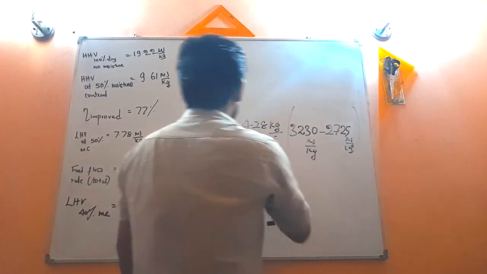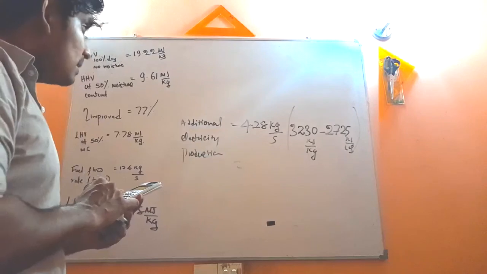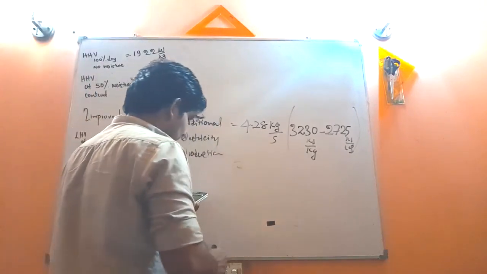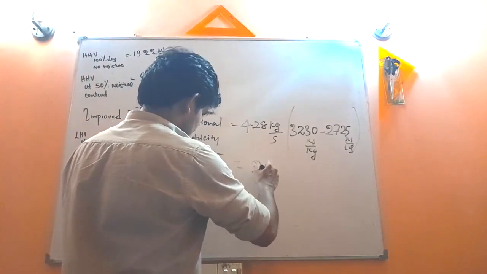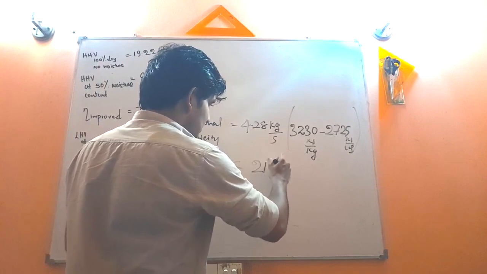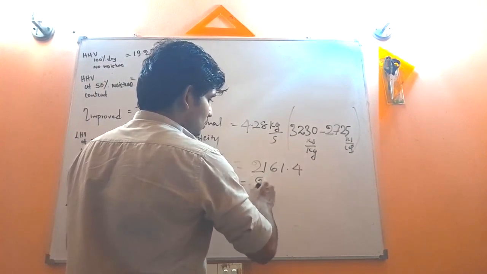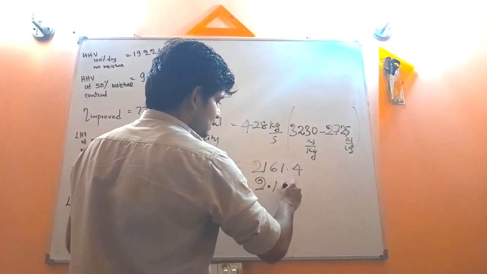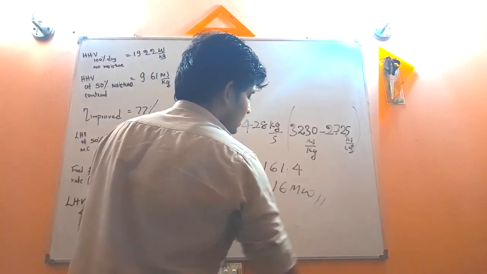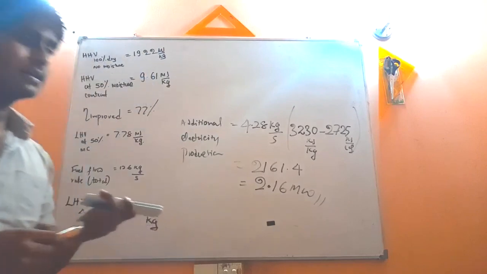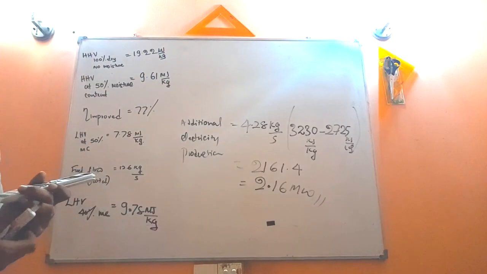So there is an additional electricity production of 2161.4, that means 2.16 megawatts of electricity production as a result of the fuel upgrade.